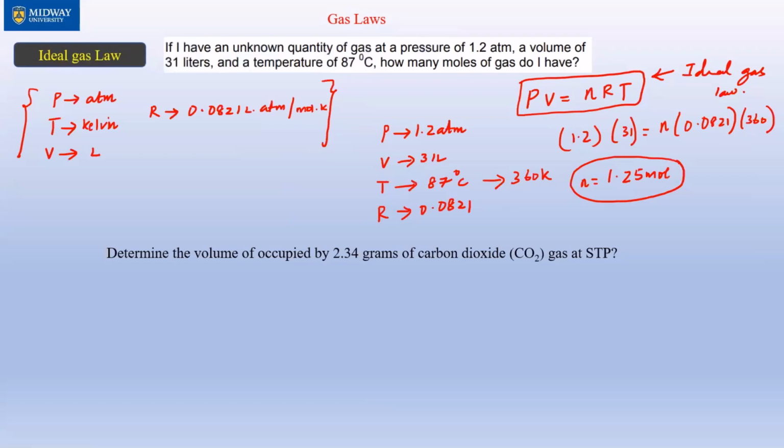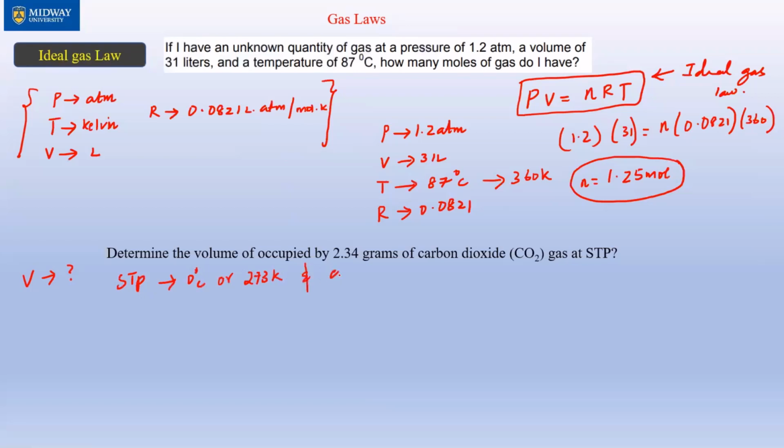So determine the volume of CO2. I should have said volume occupied by 2.34 grams of CO2 at STP. So right away, we have to find volume, right? And STP means 0 degrees Celsius or 273 Kelvin, and 1 ATM. Again, you do not have to memorize this.